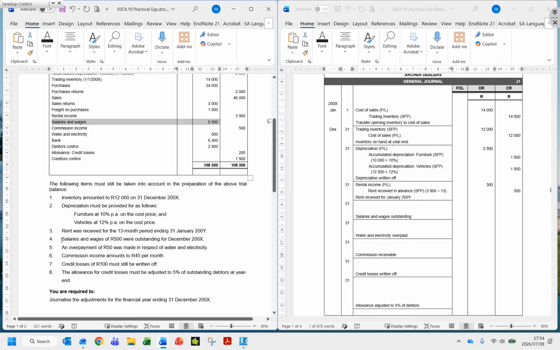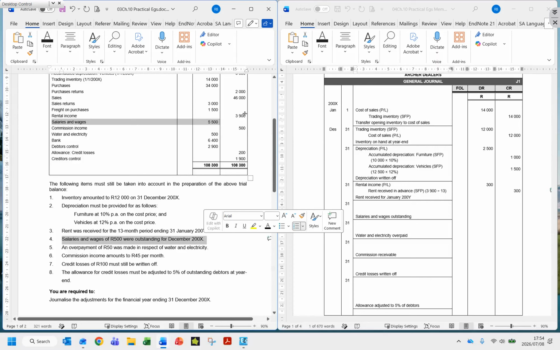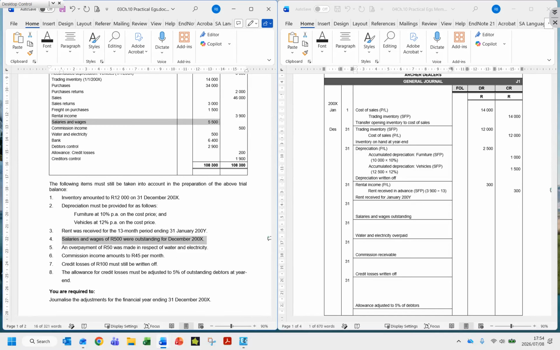So this point is telling you that there's 500 Rand short in the account. It should be 6,000 Rand because December falls within the current financial year. So the employee's salary was not paid to them for December. It is owing. The employee worked for December. It was incurred during December by the business.